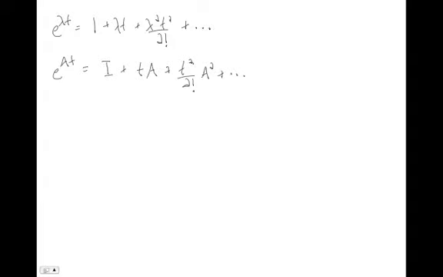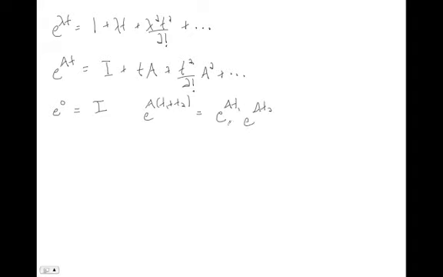Once you have this series, you can prove a lot of things to yourself from it. For example, if I take e to a zero matrix, I can easily prove to myself that it's just the identity matrix. And if I take e to the A times (t1 plus t2), this is equal to e to the A t1 times e to the A t2.